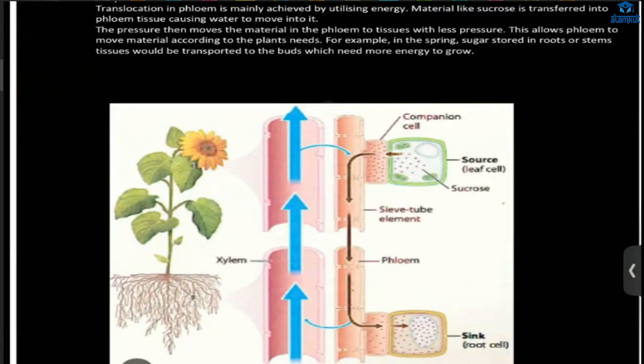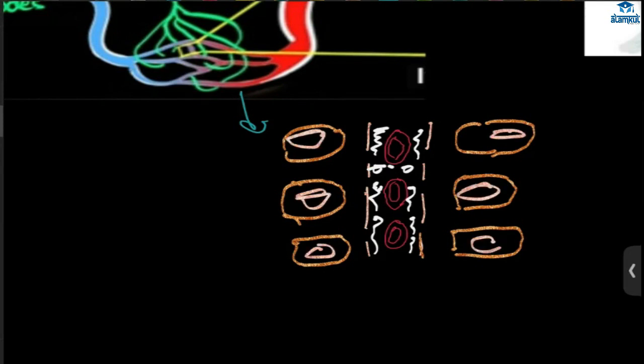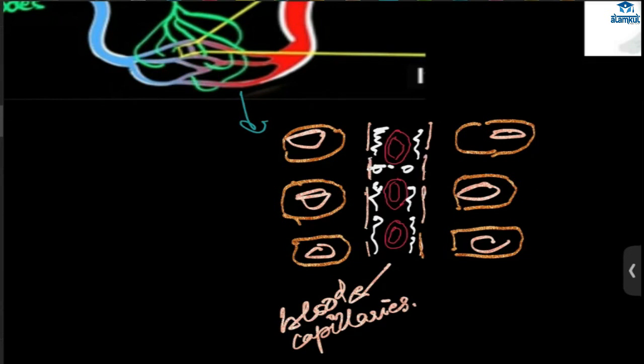Now, what were we on? We were on the lymph. So this is our blood capillaries. Many other materials are here. And this is cells. These all are cells. Now, these blood capillaries have pores, small holes.